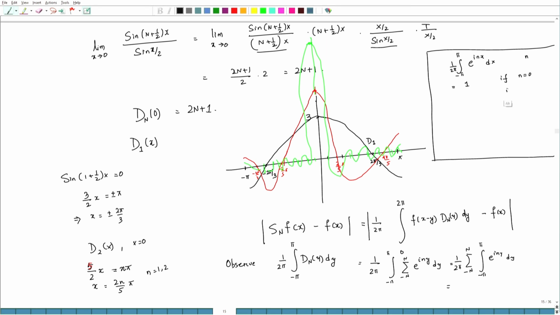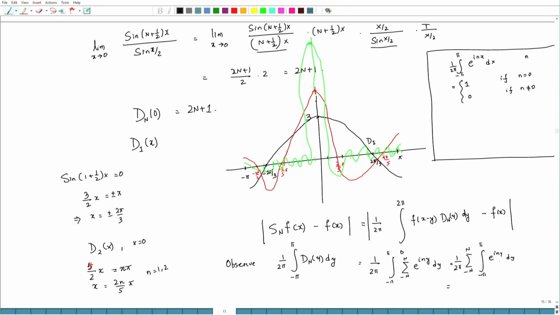If n is not equal to 0, then we get e to the power i n x by i n evaluated from minus pi to pi, and they have the same value, since this is a 2 pi periodic function at the endpoints. So this is going to be 0. This is a very important relationship, easy, but a fundamental concept of Fourier analysis.